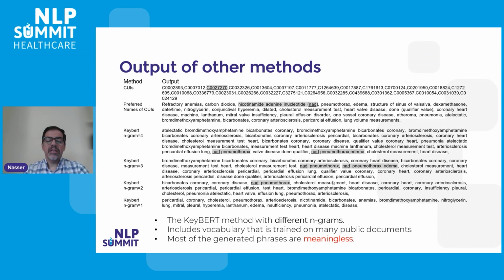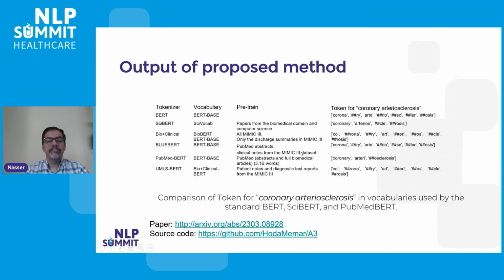The difference could be highlighted here. Here you can see the output of existing methods. And as you can see, depending on the n-gram used, n-gram 1, 2, 3, and 4, different CUIs are created. Many of them are meaningless because they wrongly combine the concepts, and they are different from the concepts that we require.